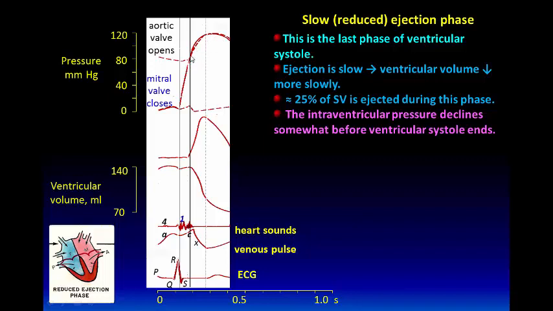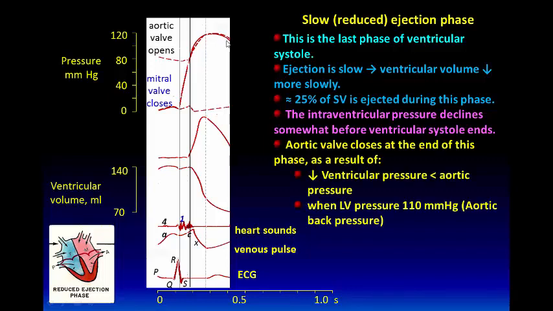So this is the left ventricular pressure reaching the maximum value of 120 millimeters of mercury during the rapid ejection phase and the early part of the slow ejection phase. Then the intraventricular pressure declines before ventricular systole ends, and the aortic valve closes at the end of this phase. Closure of the aortic valve is the result of the decreased ventricular pressure.